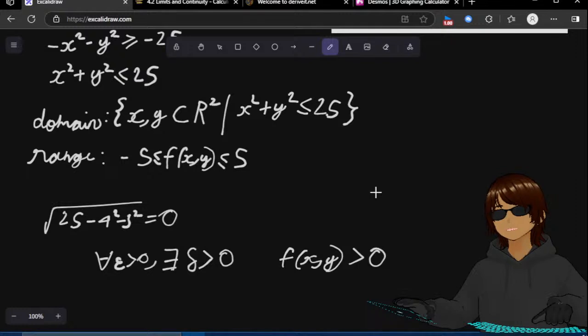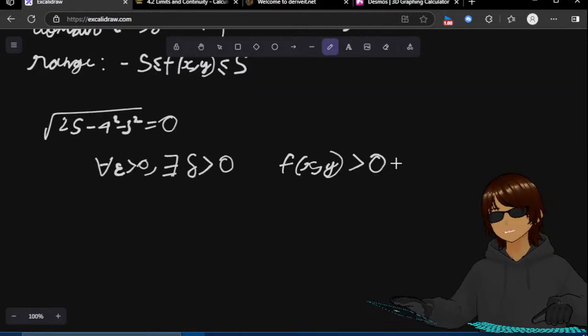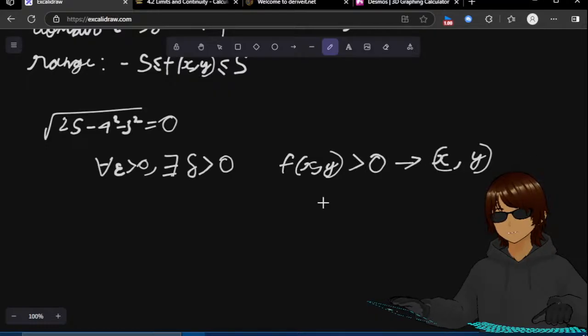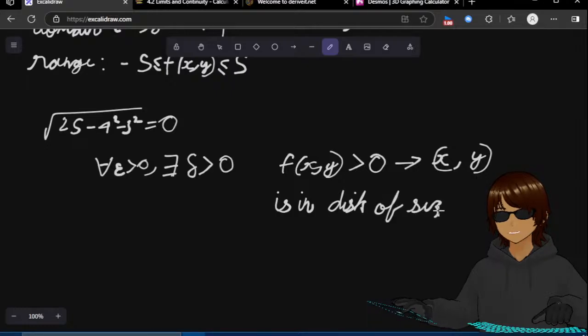Let's say there's some distance between f of x, y and 0. Then x and y is in a disk of size delta centered at a, b, centered at 4, 3.